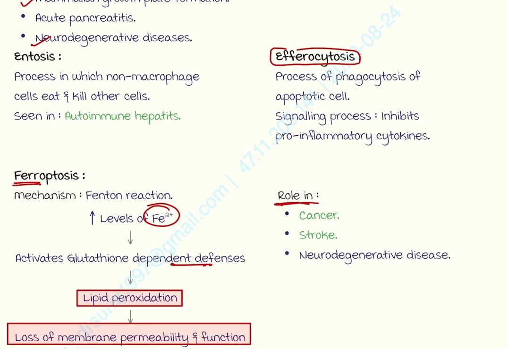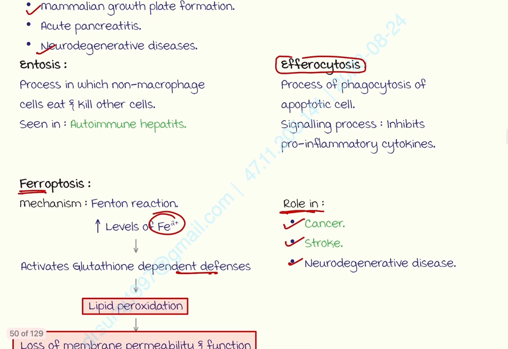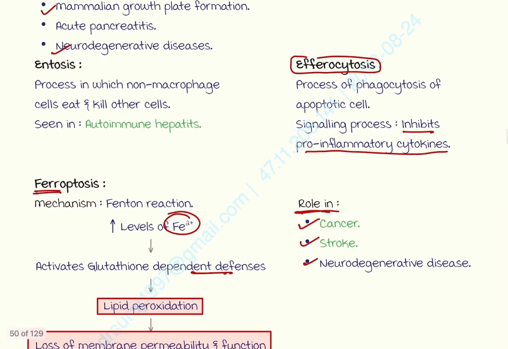Okay, so these are what you have to remember. Role of efferocytosis in cancer, stroke, and neurodegenerative conditions. You can remember this thing also. So basically efferocytosis is where the signaling process inhibits the pro-inflammatory cytokines. Efferocytosis is where the apoptotic cells are getting phagocytosed. Okay, what is entosis?